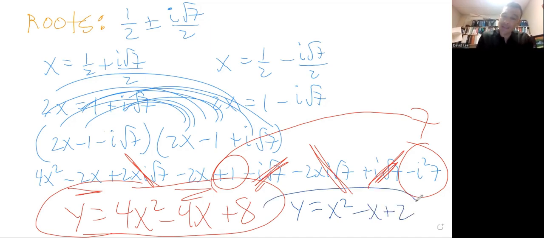So let me explain why this is okay, and then you guys can leave. The reason this blue one is also good is because it has the same roots as the original one. I noticed that I can reduce everything by 4. If I divide by 4, divide by 4, divide by 4, I would get this here.